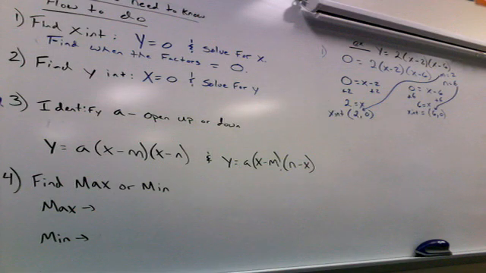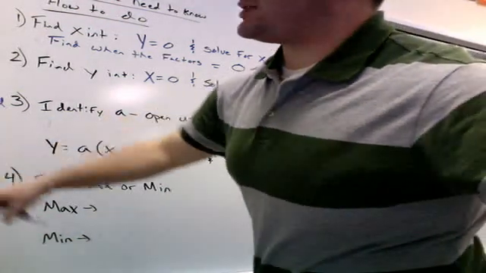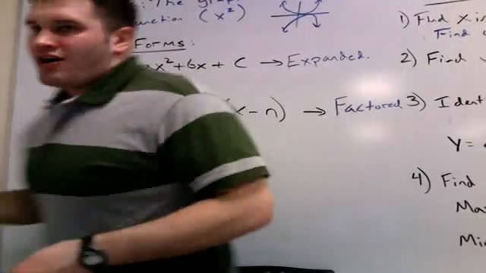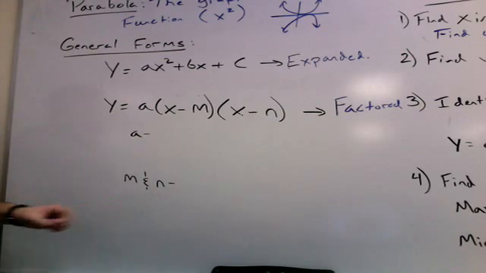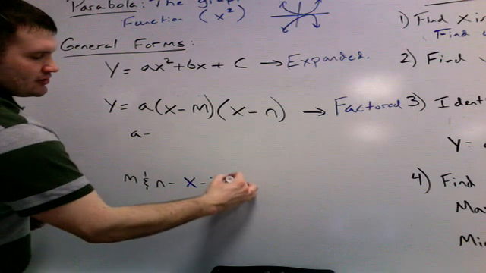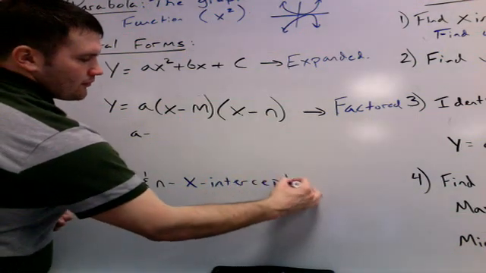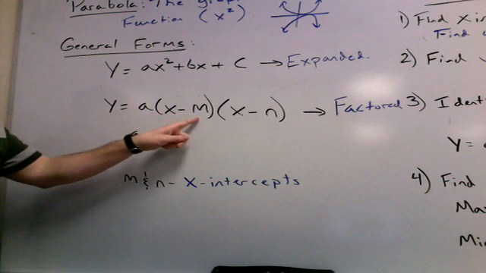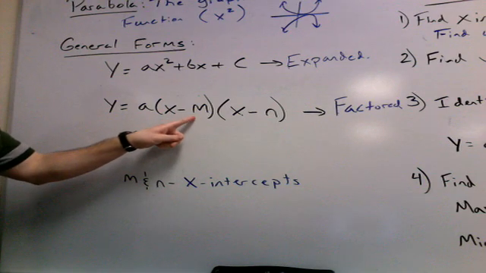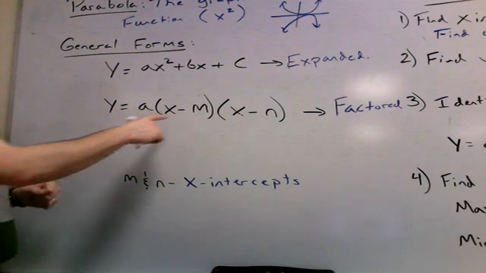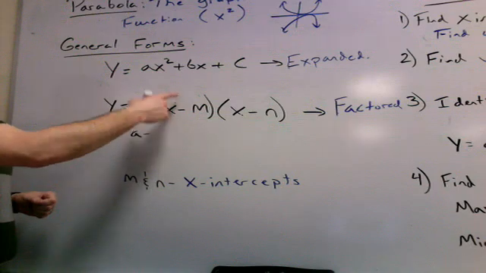Whenever we're in the factored form, this is why I want to leave the space over here for m and n, our x-intercepts are m and n. When they have x minus m, this m right here is positive. If m was negative, we'd have a plus here.